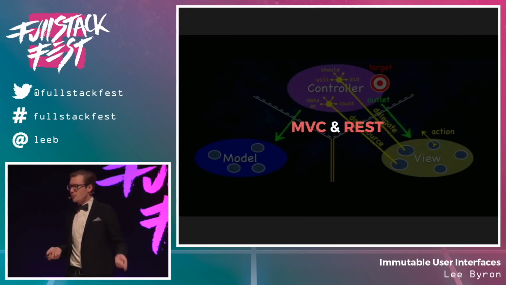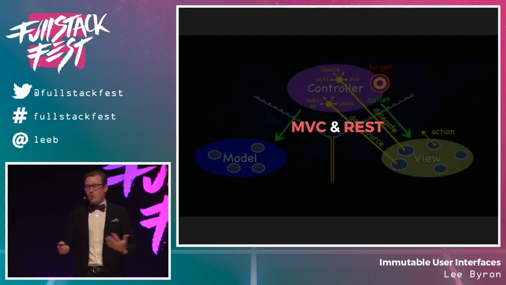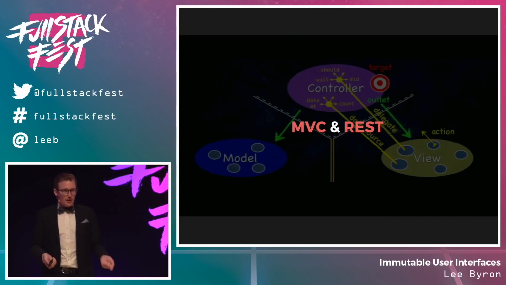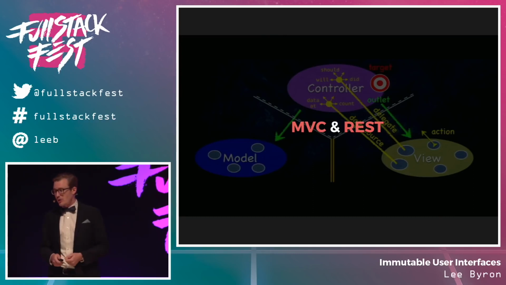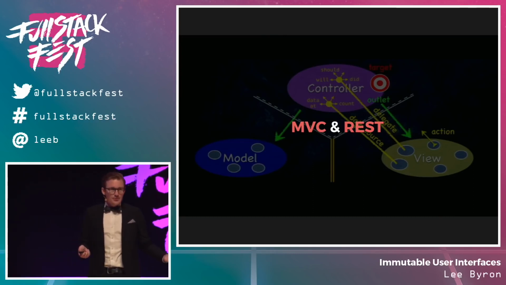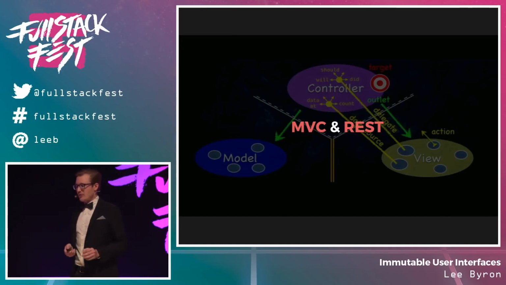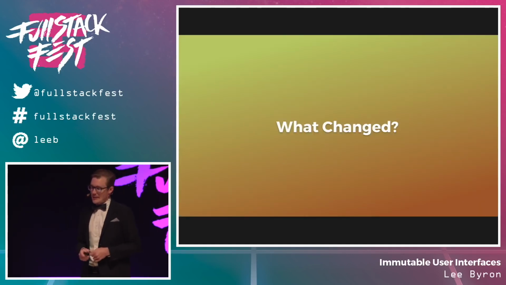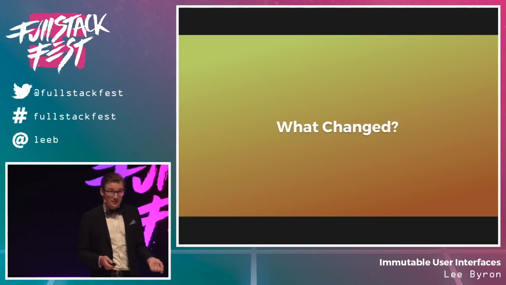And for the information-rich, user-facing apps like the web and mobile apps that a lot of us in the room have been building, there's been a really dominant architecture over the last decade or more, and that's MVC and REST. And for these kinds of apps, there's one single biggest challenge that we need to solve, and it's this: what changed?